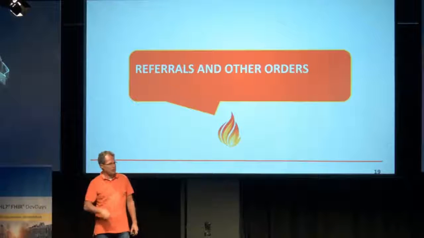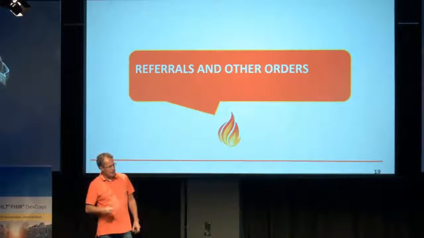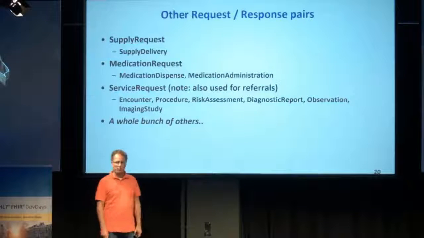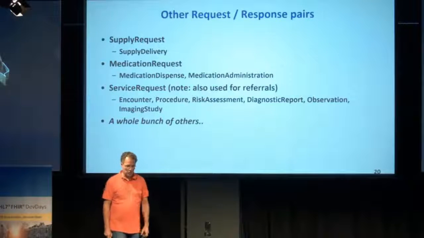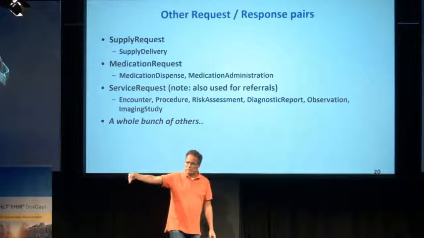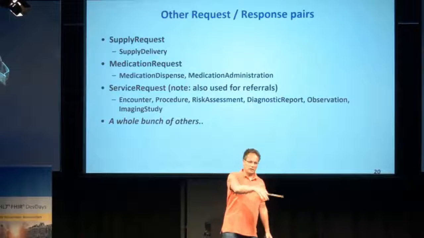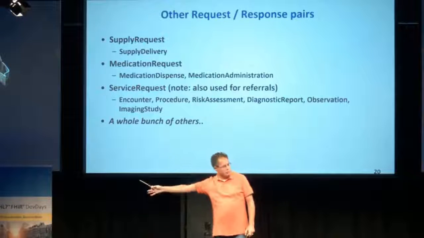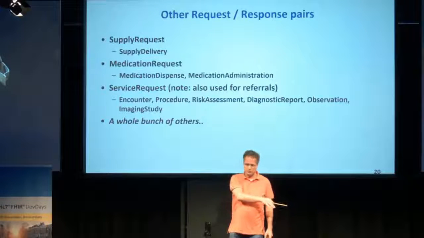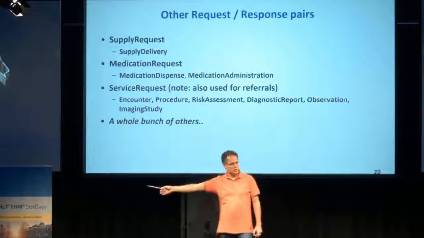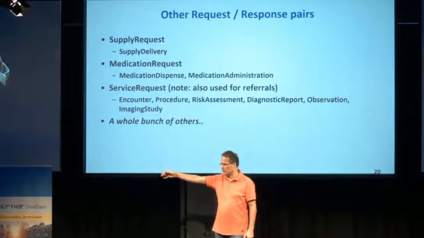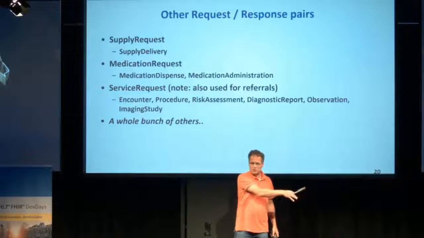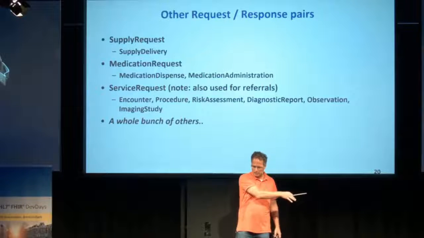But there's actually lots of request and event type resources in FHIR that deal with this. Because we have supply request. I want you to supply something, and then as an event type of thing, we have supply delivery. We have medication request and medication dispense. We have service request, which is the most wide-ranging request that we have, and it could lead to all sorts of event resources being associated with it.